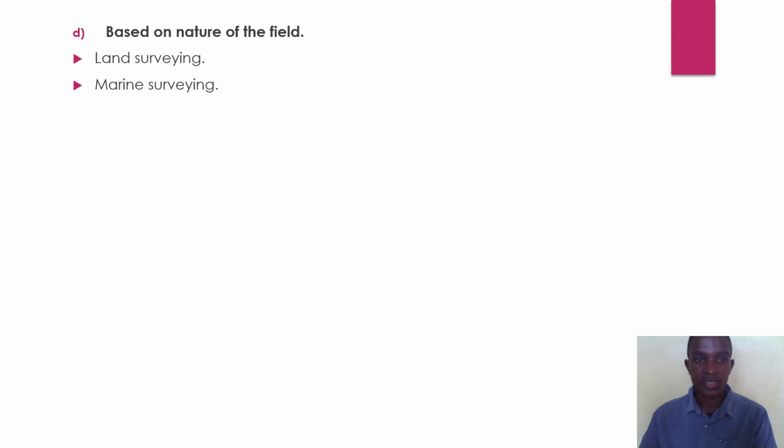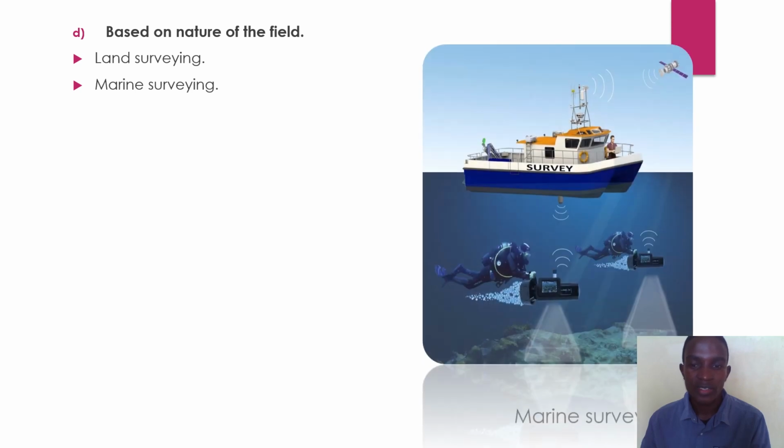And finally, under secondary classification, surveying can be based on the nature of the field. This includes land surveying, and marine surveying, where surveyors take the features, the shape, and the gradation of the underwater surfaces of seas, oceans, or rivers.